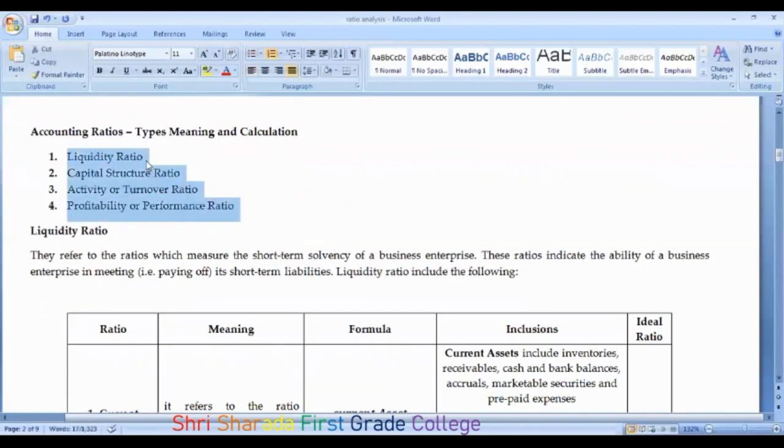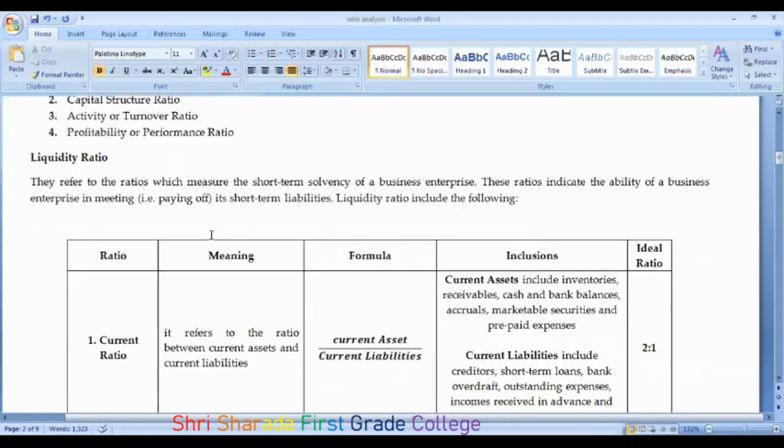One is the liquidity ratio, one is the capital structure ratio, the other is the activity or turnover ratio, and the profitability or performance ratio. First, we will see the liquidity ratio, and make a note of these four as very important.